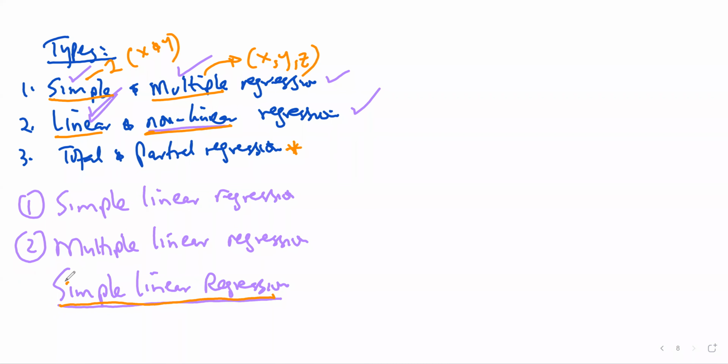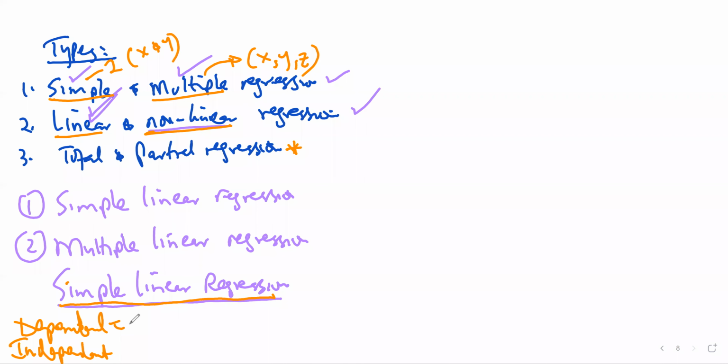So we can say, in simple terms, it is a model involving two variables which have a linear relationship. One of the variables is called the dependent variable, and the other variable is called the independent variable.